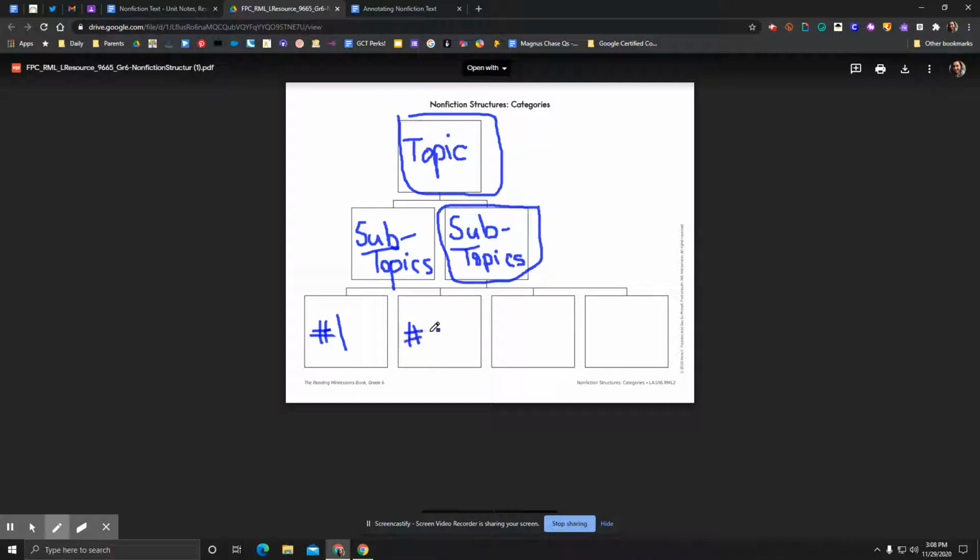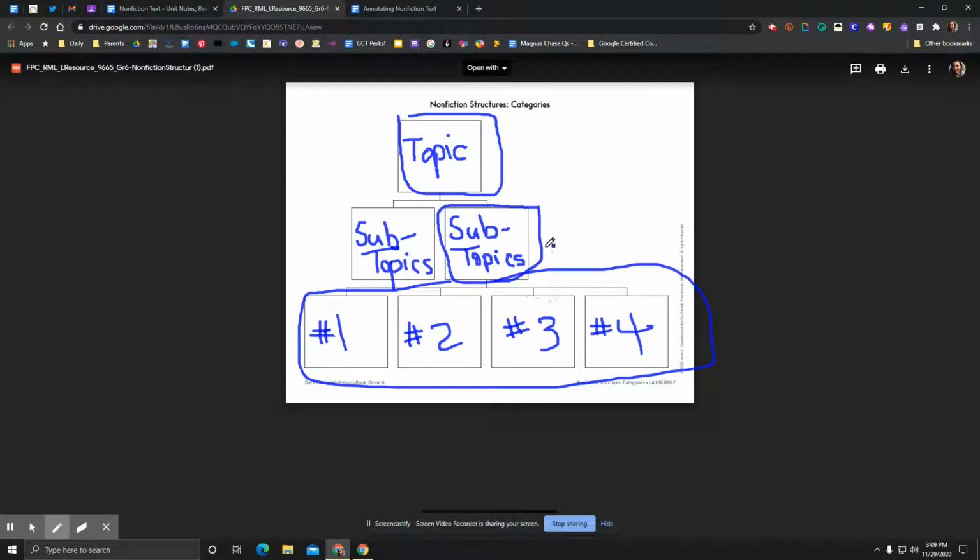So within physical characteristics, I might talk about different aspects of the physical characteristics of my topic. And that might be broken down into 1, 2, 3, 4, or even more. For the sake of our example today, we're going to say 4. So we would say that all 4 of these connect with that one subtopic here. So it kind of builds on like this.